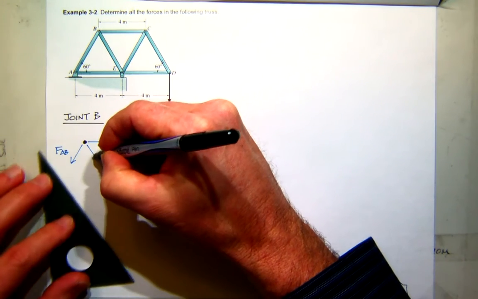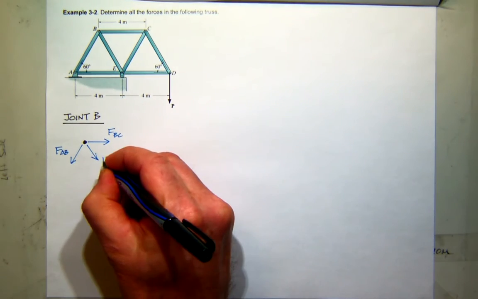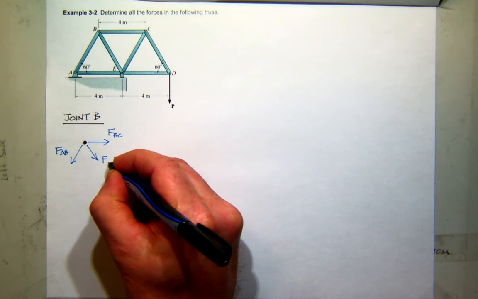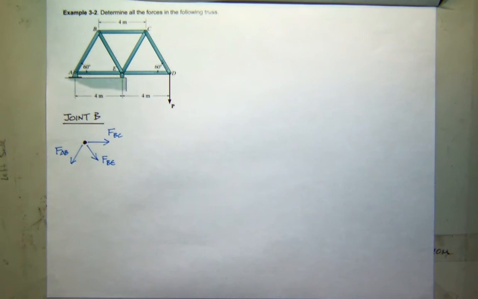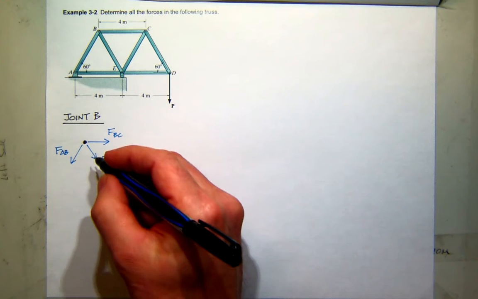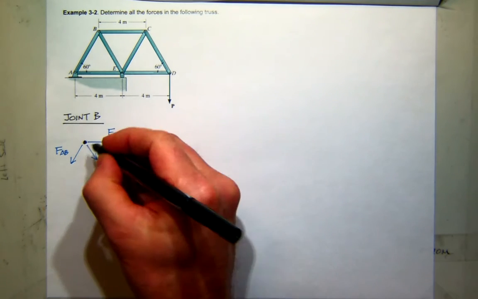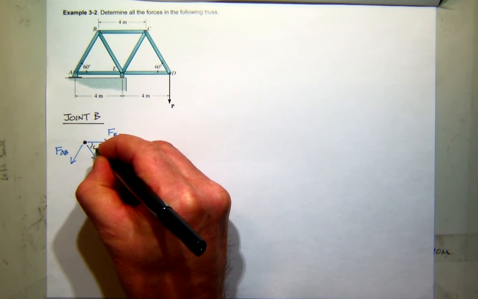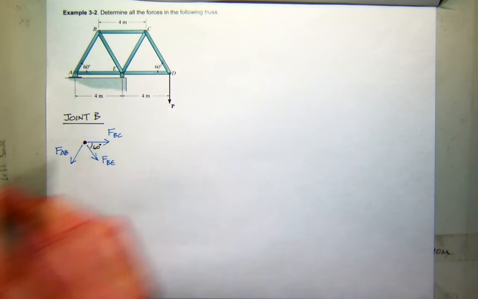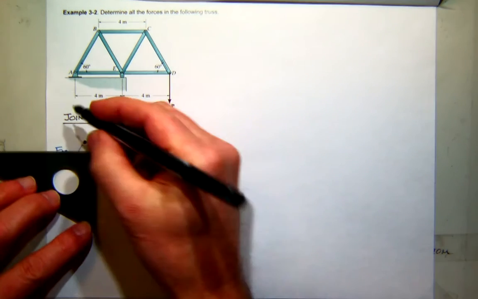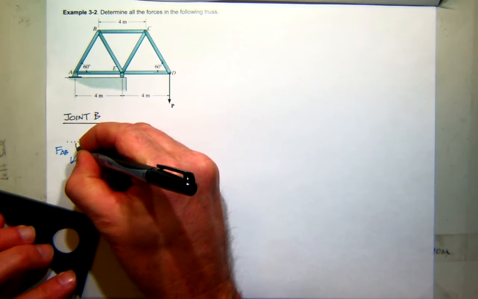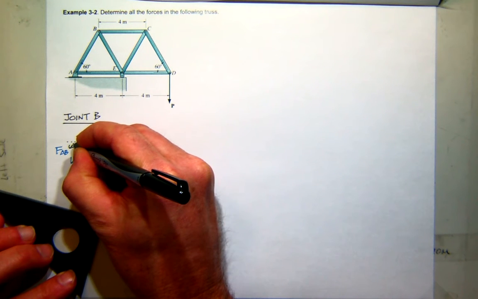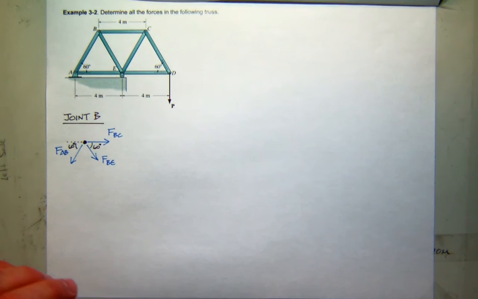And tension, I have the force in BE. And there's no applied load there. I'll go ahead and mark that this is 60 degrees, and that if I looked at a diagonal, this would also be 60 degrees. So I have my geometry.